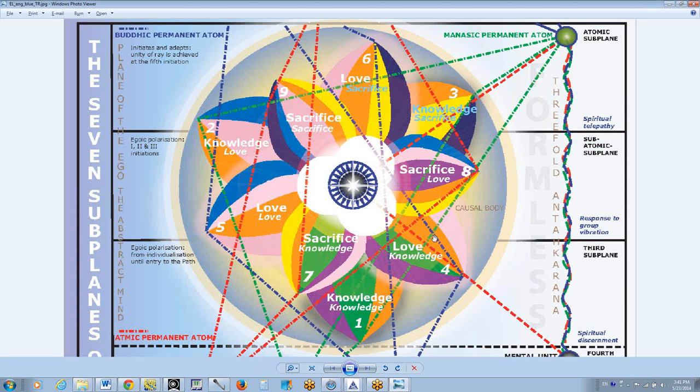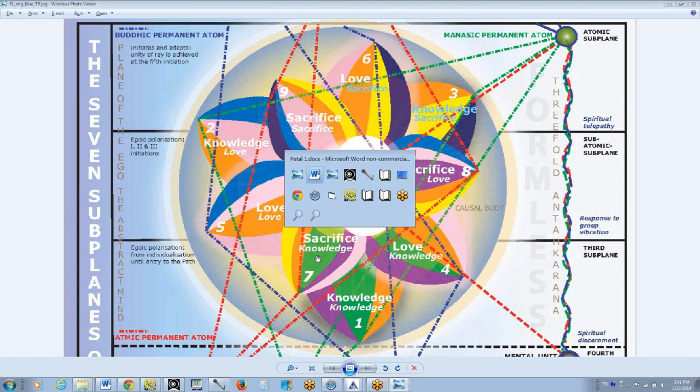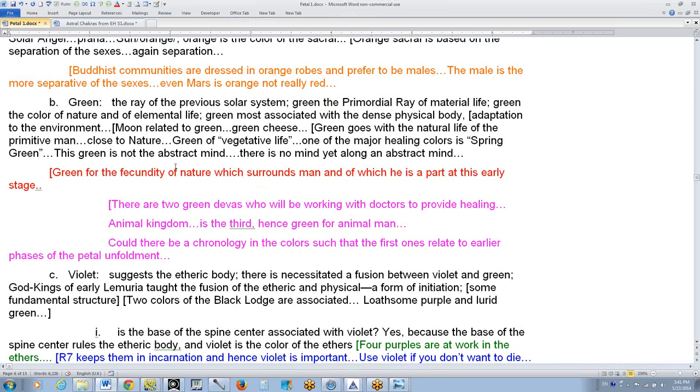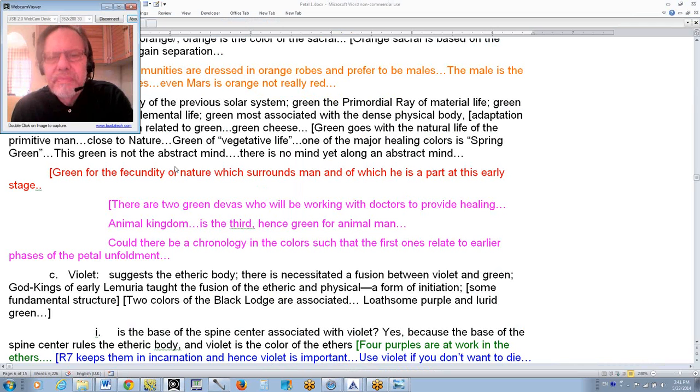Rose comes first, then orange, then green, then violet. There might be a chronology there, but we'd have to really study the history of man in each petal. Just imagine what that would be like, because the petal is not a monolithic experience. There's all different kinds of phases of development in the petals.